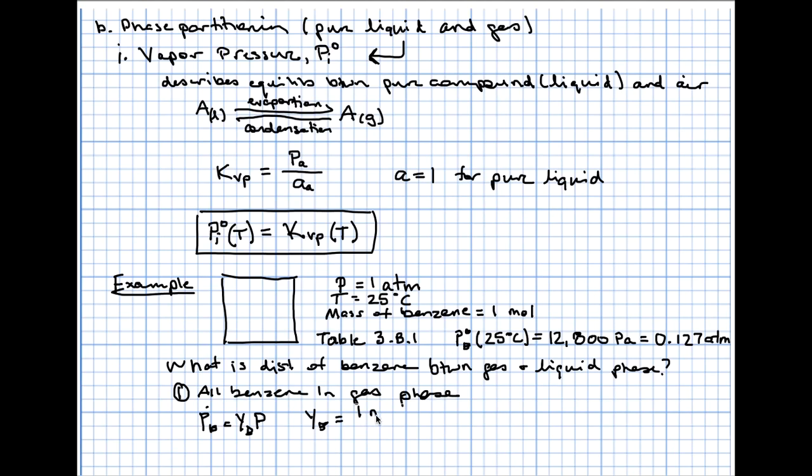So we know that we added 1 mole per cubic meter of benzene to that container, and that container is also filled with air. If you use the ideal gas law, you can calculate that the molar concentration of air molecules at 1 atmosphere of standard atmospheric composition is 40.9 moles per cubic meter.